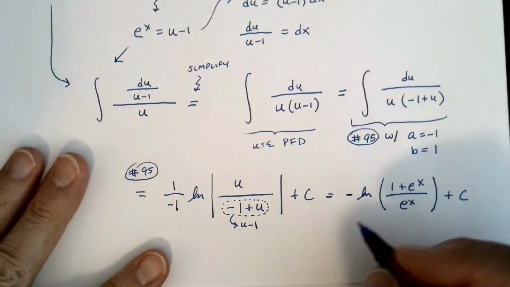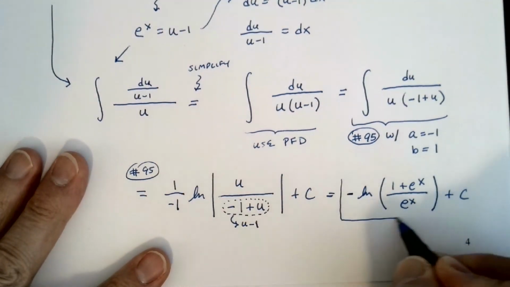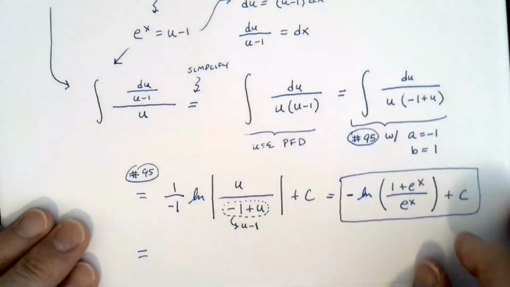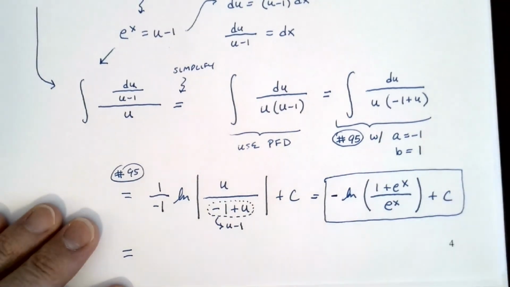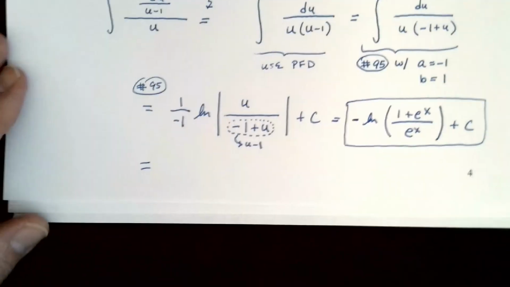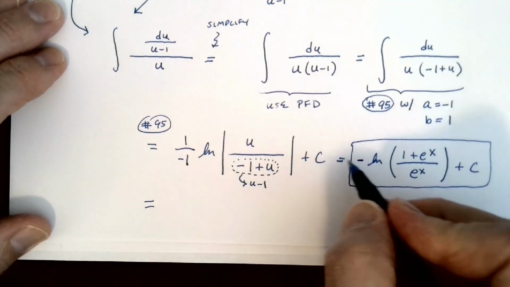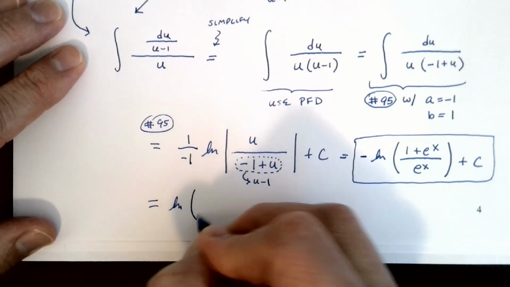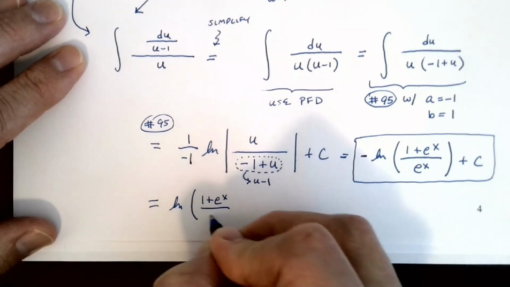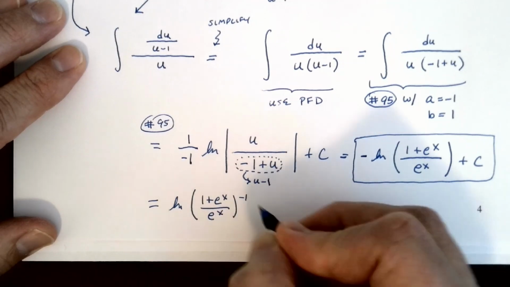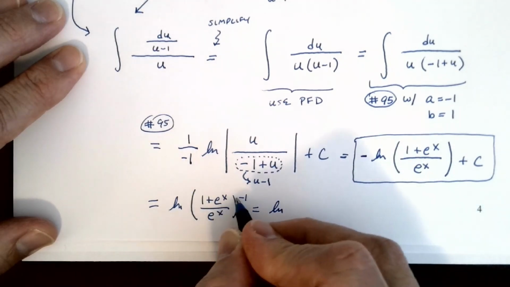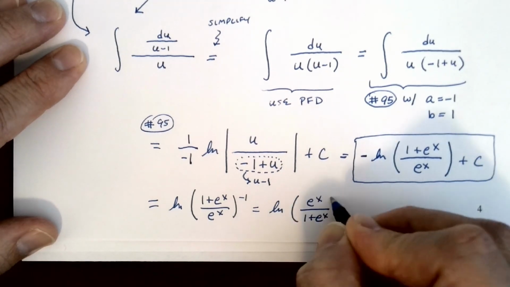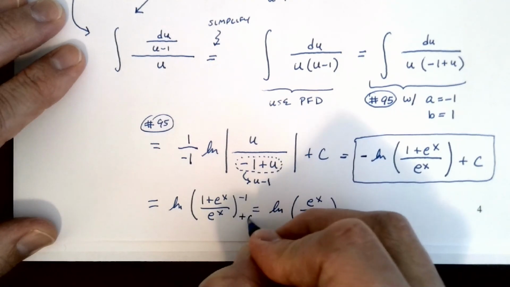Now, here's the answer, and that's fine, but there are other forms that you can put it in, using the properties of logarithms. Notice this negative 1 can be a negative 1 exponent, so this becomes natural log of 1 plus e to the x over e to the x to the negative 1, which is the natural log of what? The negative 1 is the reciprocal. I need a plus c in each of these cases.